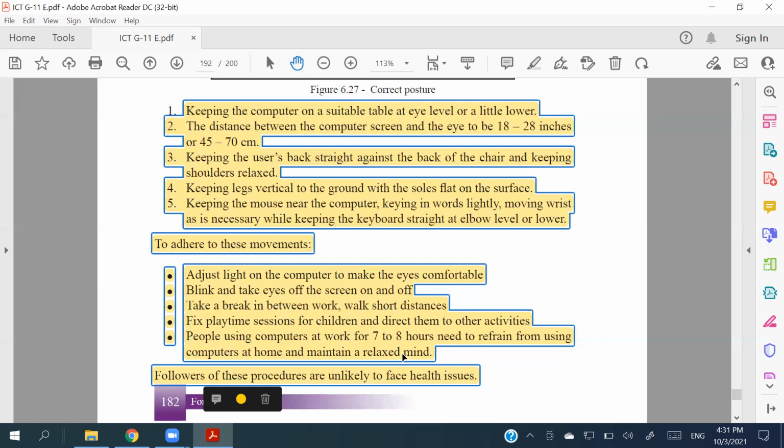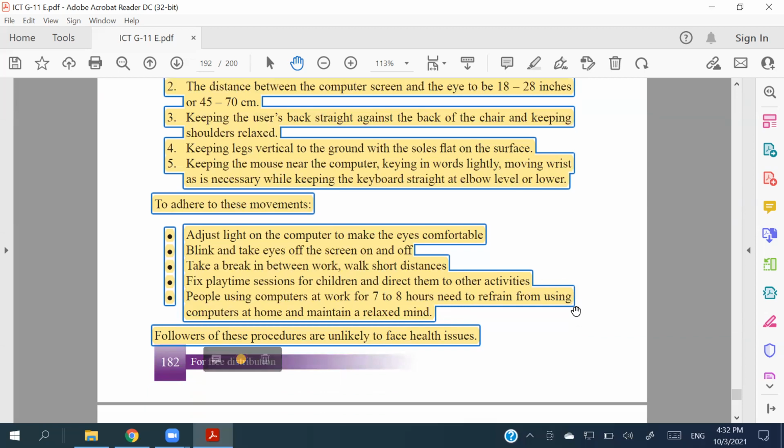They are asked not to use the device because they were using it for 7 to 8 hours at their workplace. Otherwise your mind or your head will not get released, because the best health is mental health. If you don't have mental health, then the other health issues tend to come.